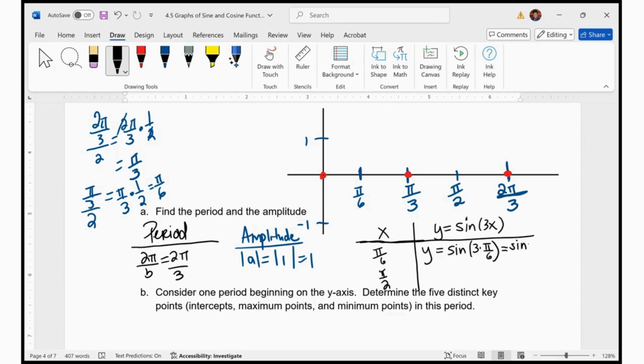Pi over 2. And what is sine of pi over 2? 1. All right, so we were right about this one. Y equals sine of 3 times pi over 2 is sine of what? What's 3 times pi over 2?